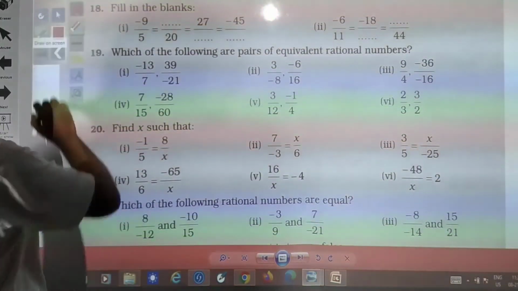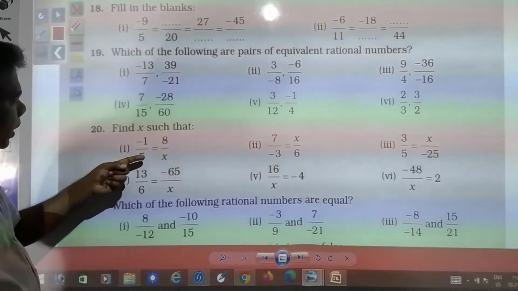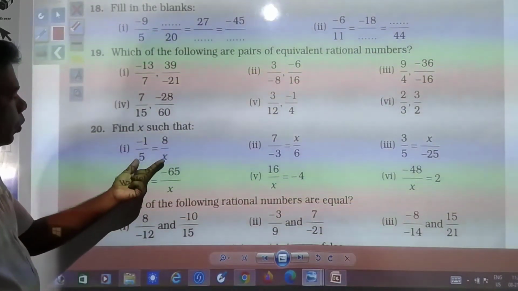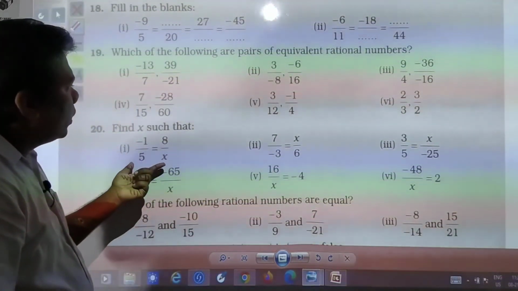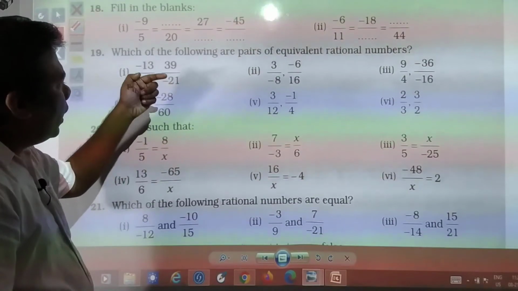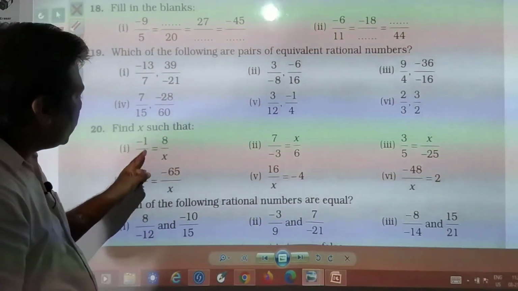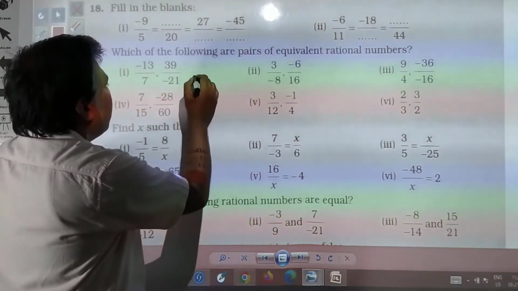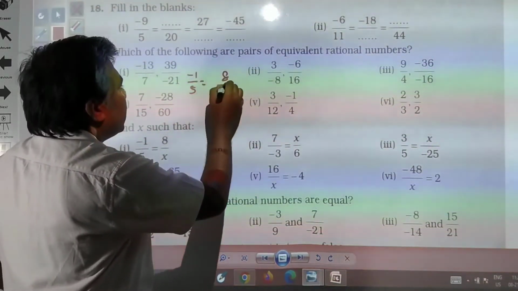Next question you see, find x such that -1/5 = 8/x. If two rational numbers are there and those are equal, again the same rule is applied: a×d will be equal to b×c. So here -1/5 = 8/x.